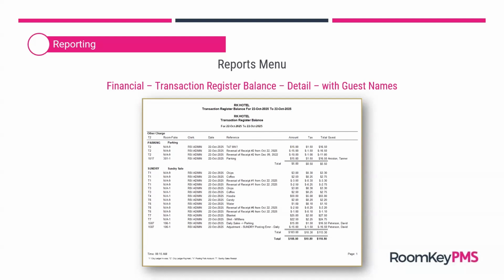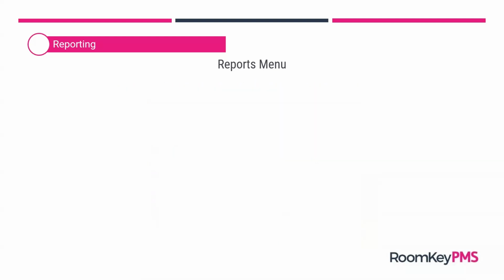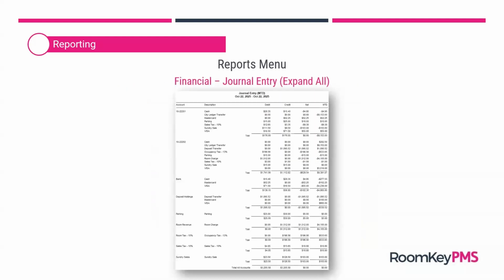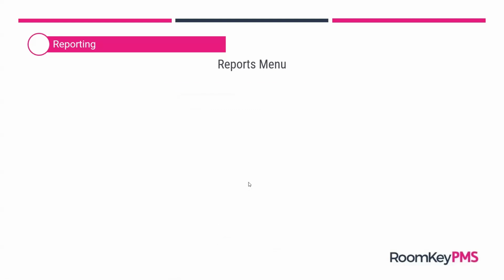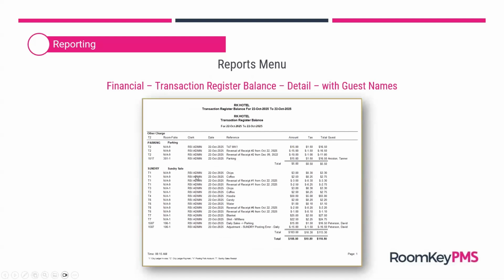Another financial report that may be more useful for the accounting team is the journal entry. Now, this version is the expand all version, and instead of showing each and every sale, it'll actually summarize the sundry sale account by the debits and credits. So on this report here, the total amount for that sundry sale transaction code was 103.